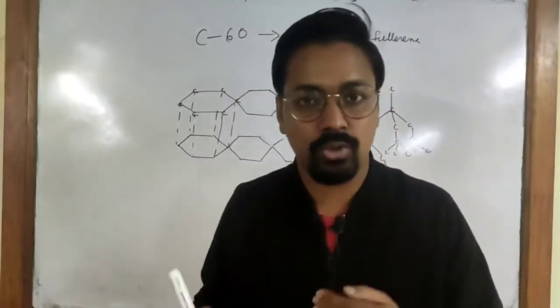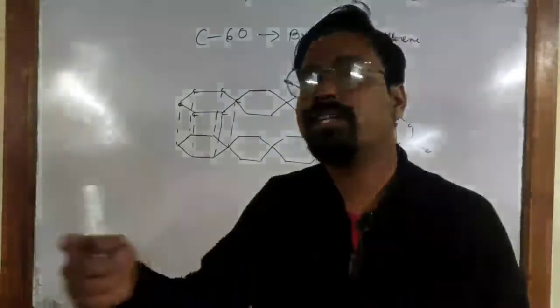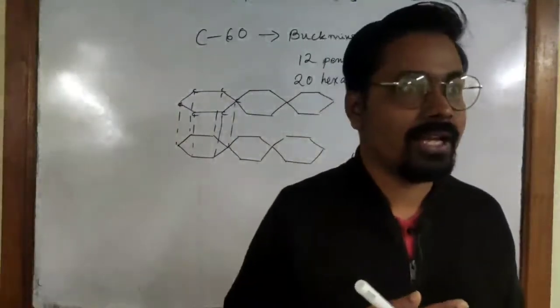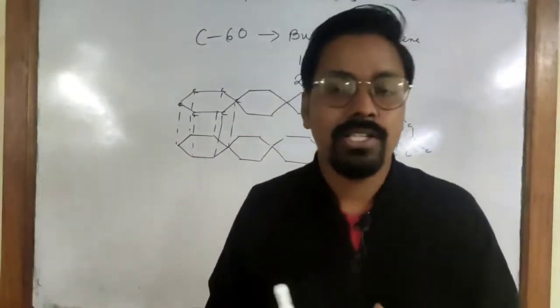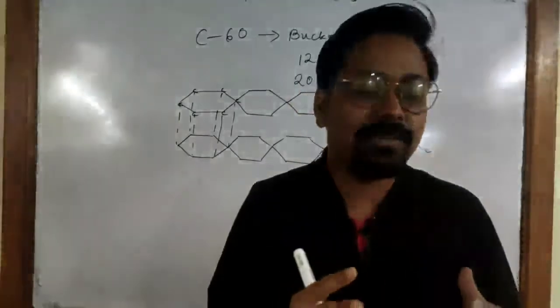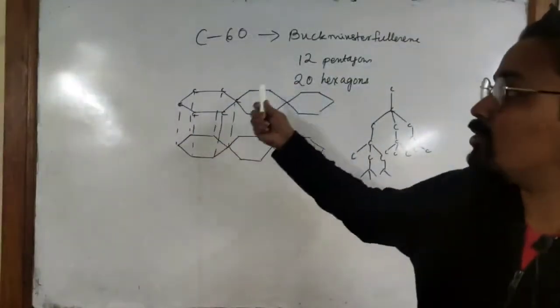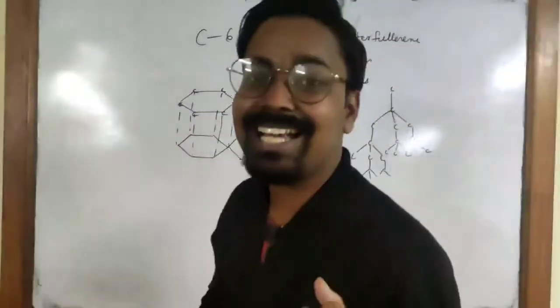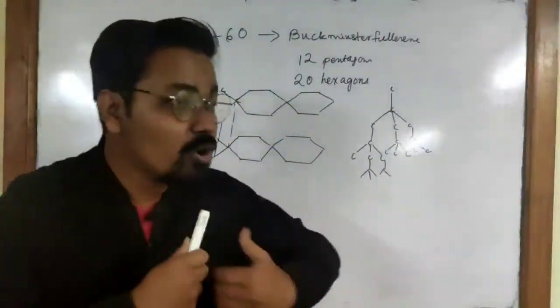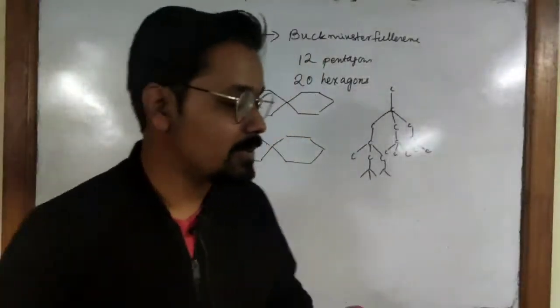Hindrance means obstacle. In case of silicon or lead, which also have a valency of 4, these are big atoms, the size is bigger. Since the size is bigger, it produces some hindrance while forming long chains. But carbon is lucky because carbon size is very small, and hence it can form these long chains without any obstacle or without any hindrance.